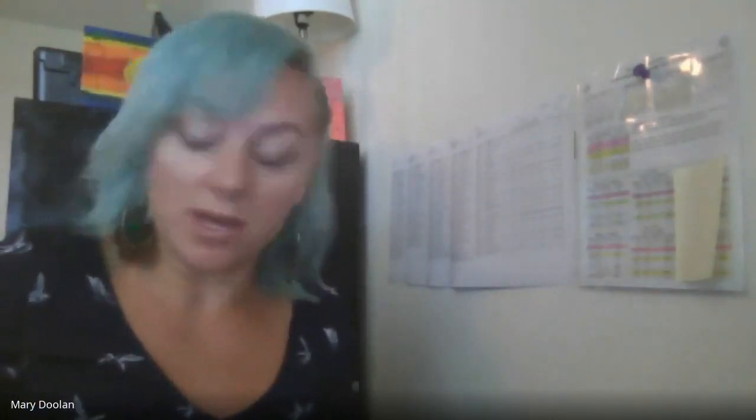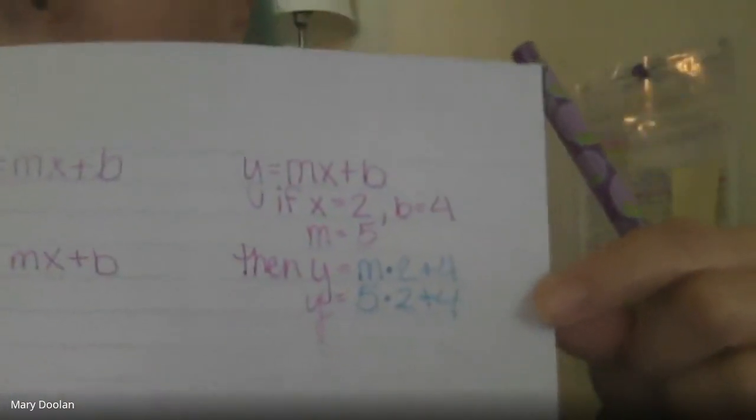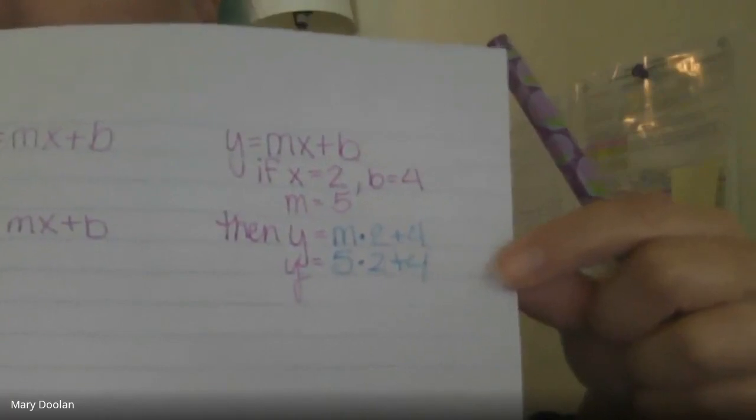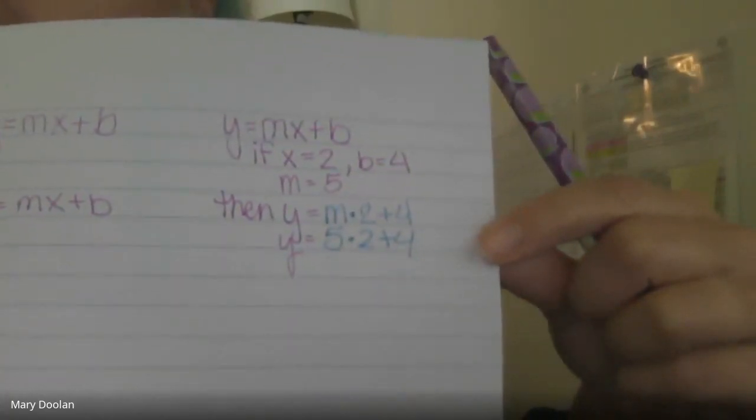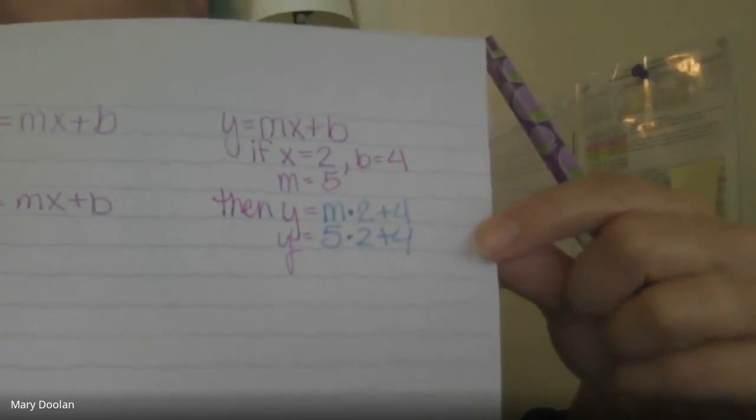Let's say I know what m is also. Let's give m a value as well. Say m is 5. Okay, so I could substitute all those values in to the point where it's 5 times 2 plus 4, 10 plus 4.